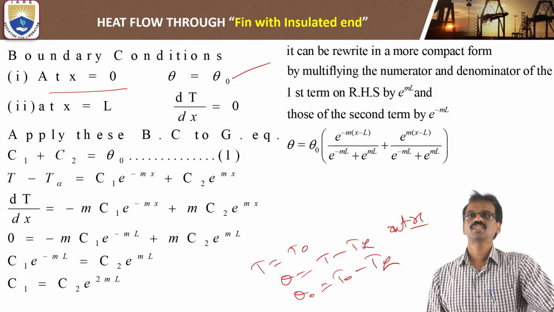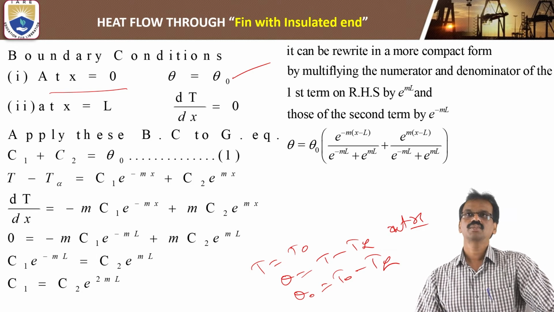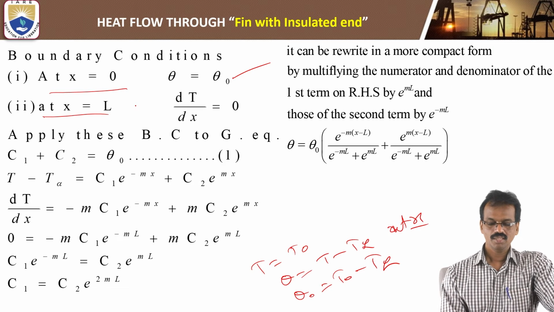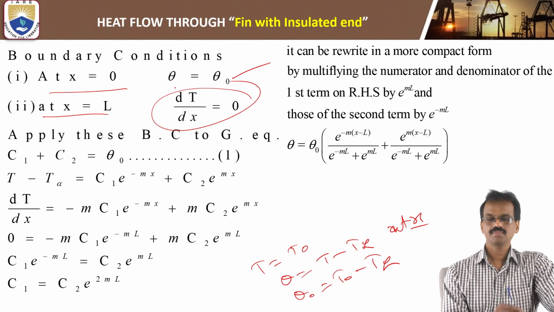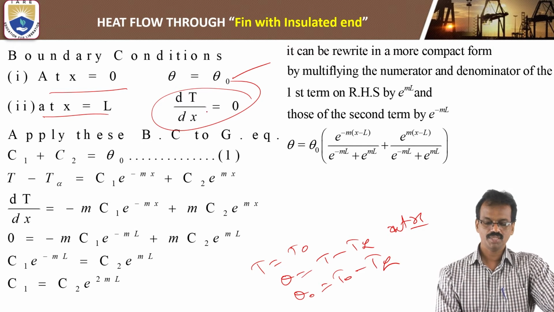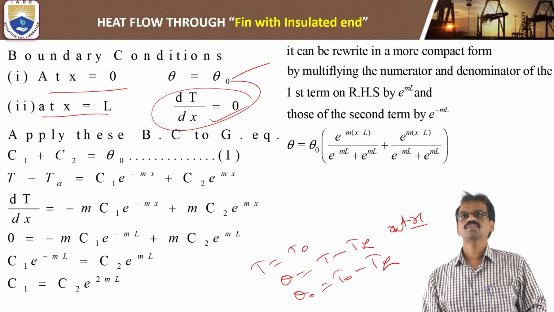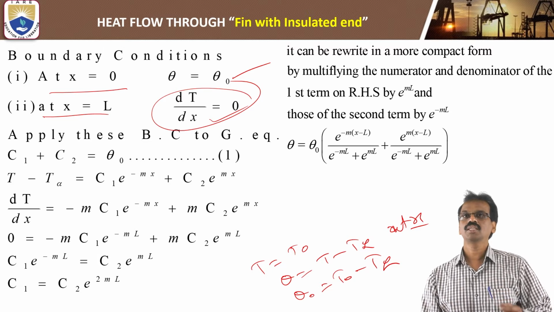The second boundary condition will be different for the insulated end. At x is equal to L, dT by dx is equal to 0. We have to apply this boundary condition. dT by dx is 0 means temperature does not change with respect to x because it is an insulated end.